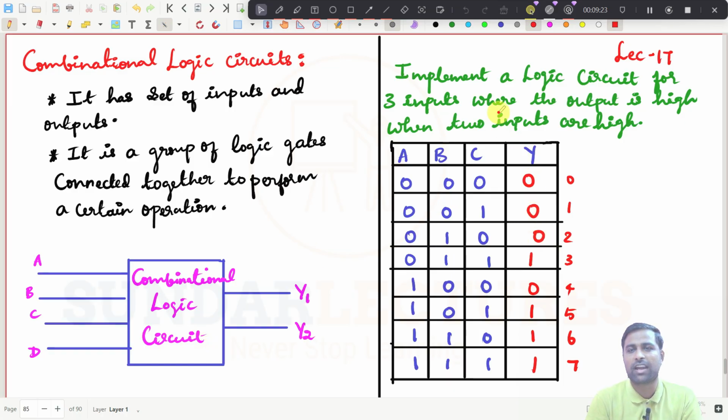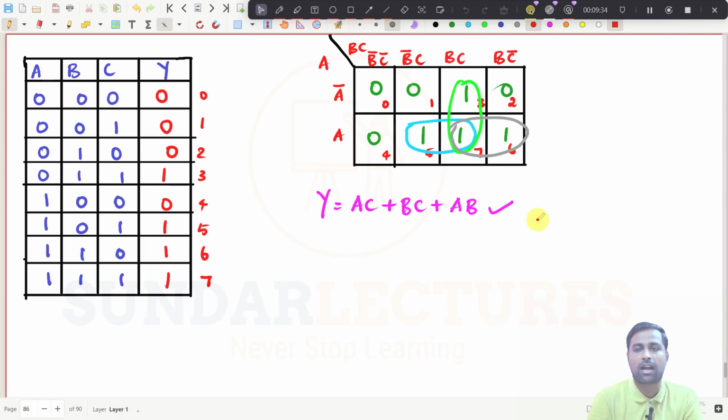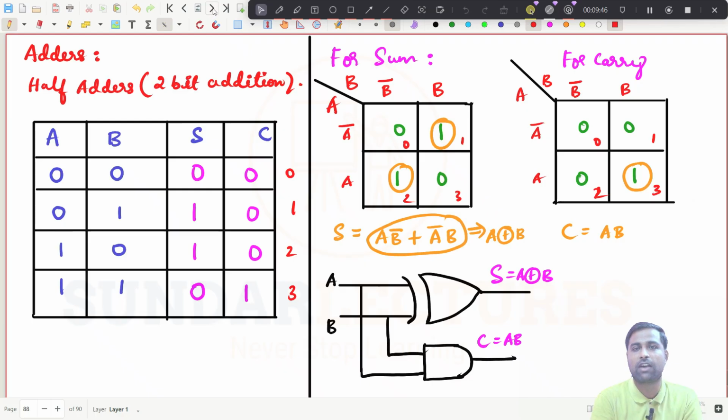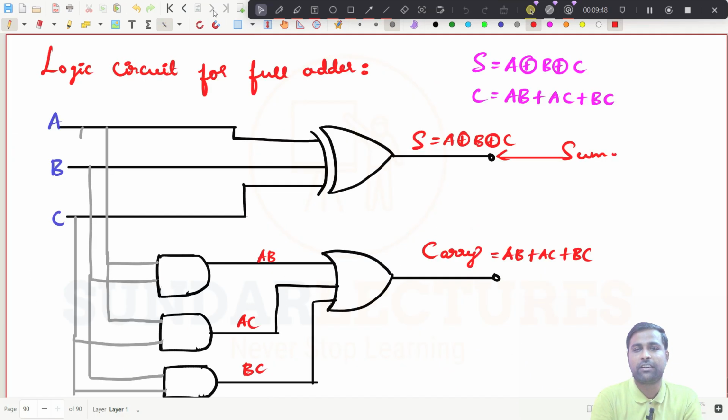I gave a simple example: when two inputs are high, the output should be high, and we drew the truth table, drew the Karnaugh map to simplify the equation, and finally drew the logic diagram. Now I have told you this is the set of inputs, this is the output, and in between is the combinational logic circuit, and we have gone through half adders and then full adders, right? So we will see in the next class.